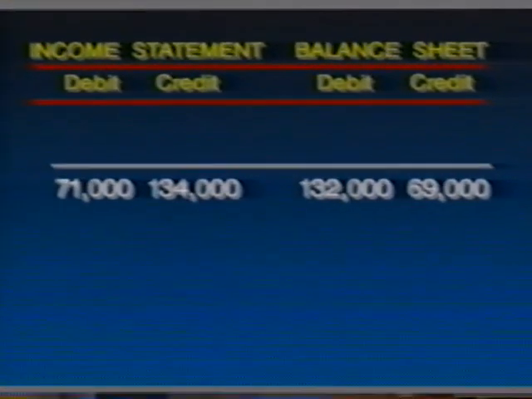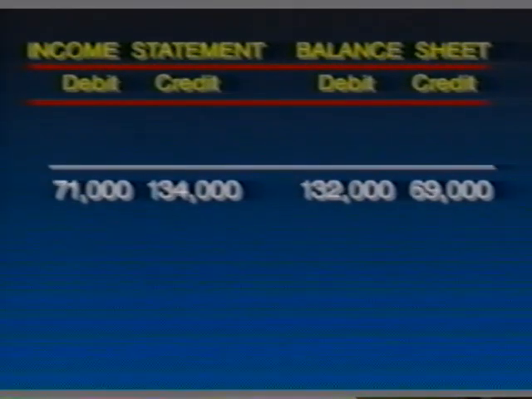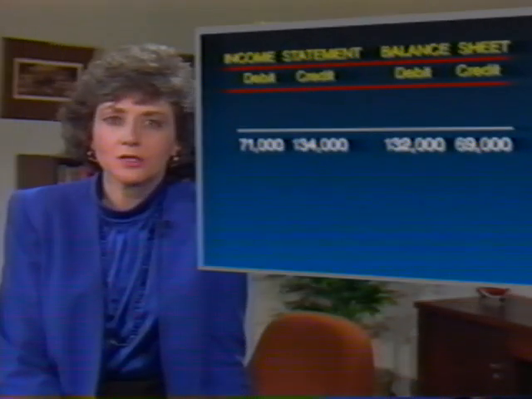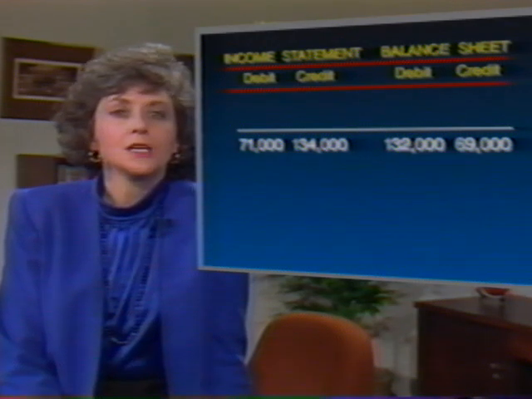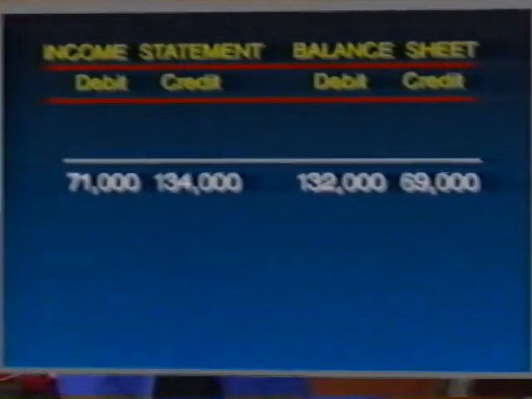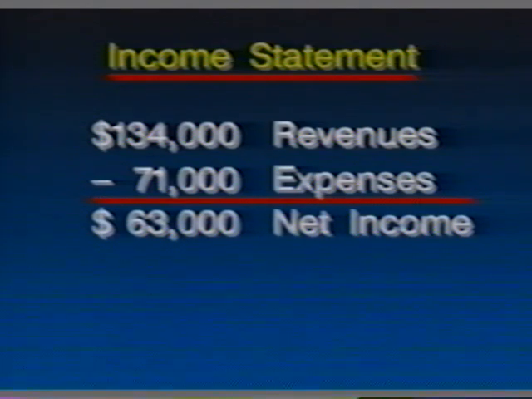The debits on the income statement add up to $71,000 and the credits total $134,000. Your debits on the balance sheet are $132,000 and the credits $69,000. The difference between the total credits and the total debits on the income statement is the net income or net loss. The Ibsen Advertising Agency has a net income of $63,000.